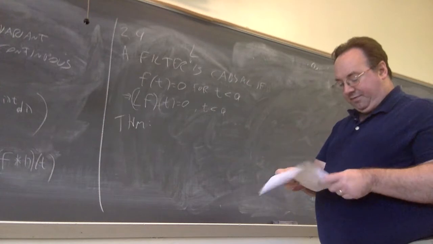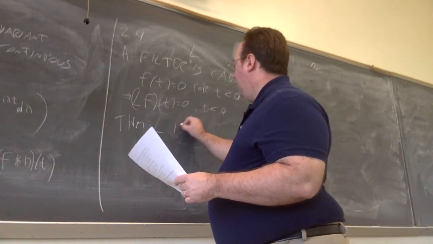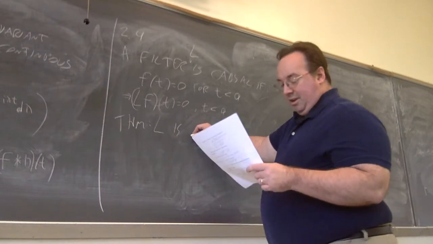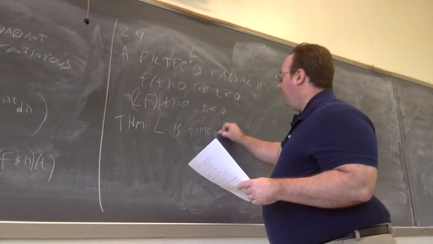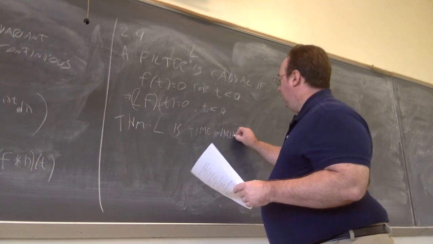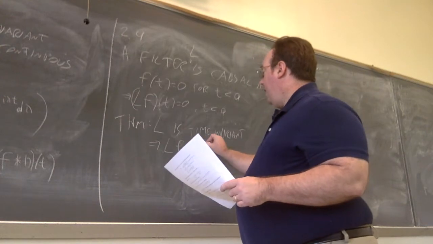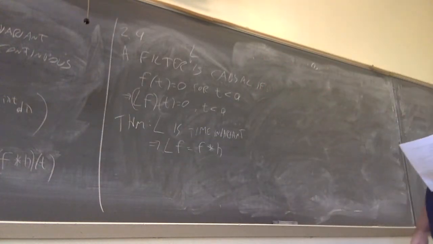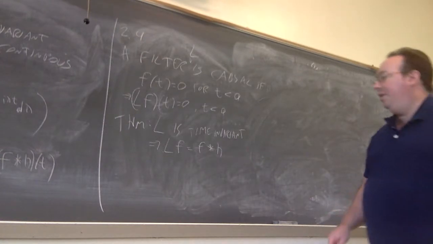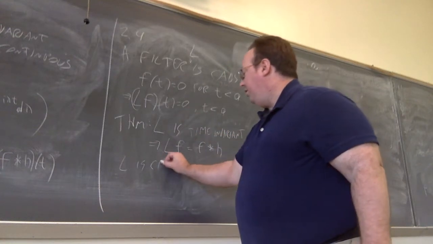Let's suppose that L is time invariant. By the previous theorem, LF is a convolution of f with some function h. These are just my assumptions.